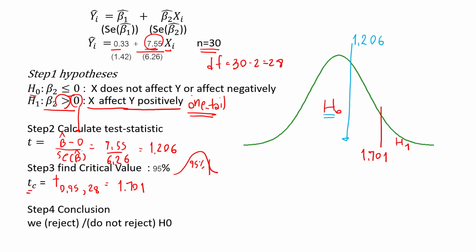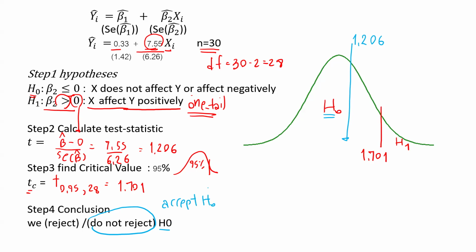So conclusion: we reject or not reject? Do not reject H0. H naught or H zero, that's okay too. Okay, do not reject H0. So can I say accept H0?